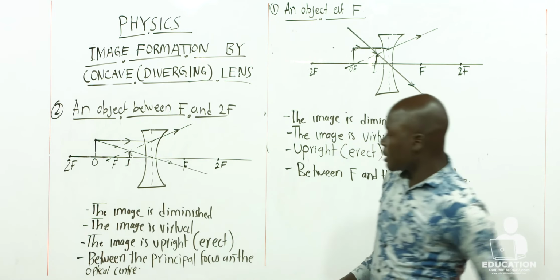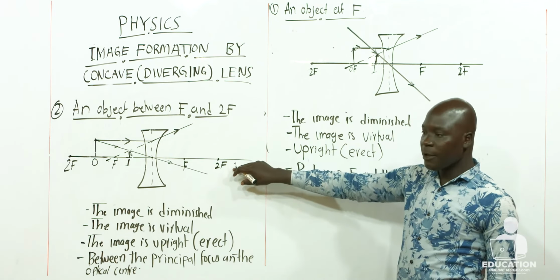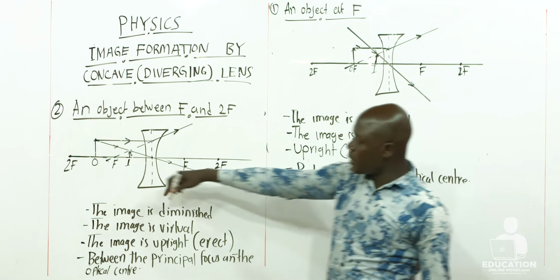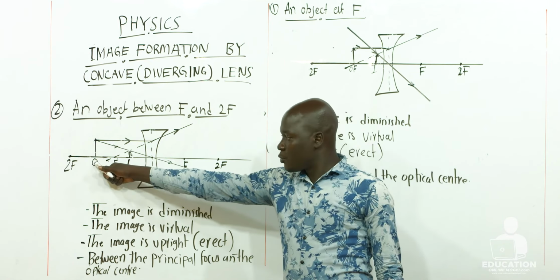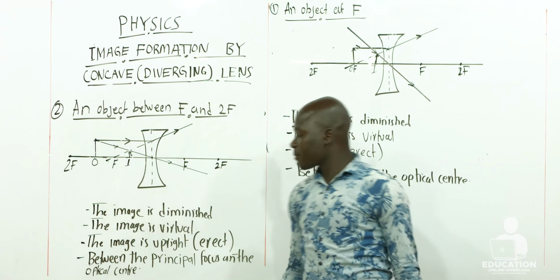So these are the characteristics of the image formed when an object is placed between 2F and F.